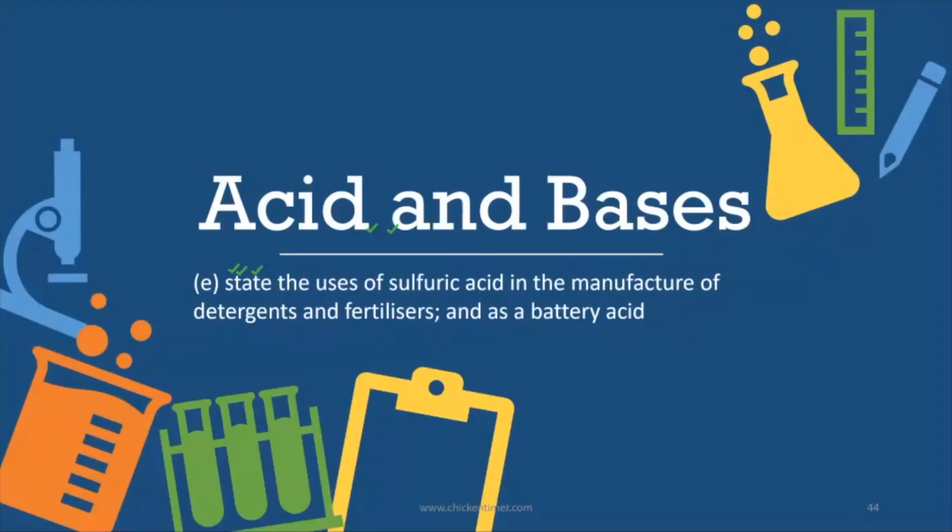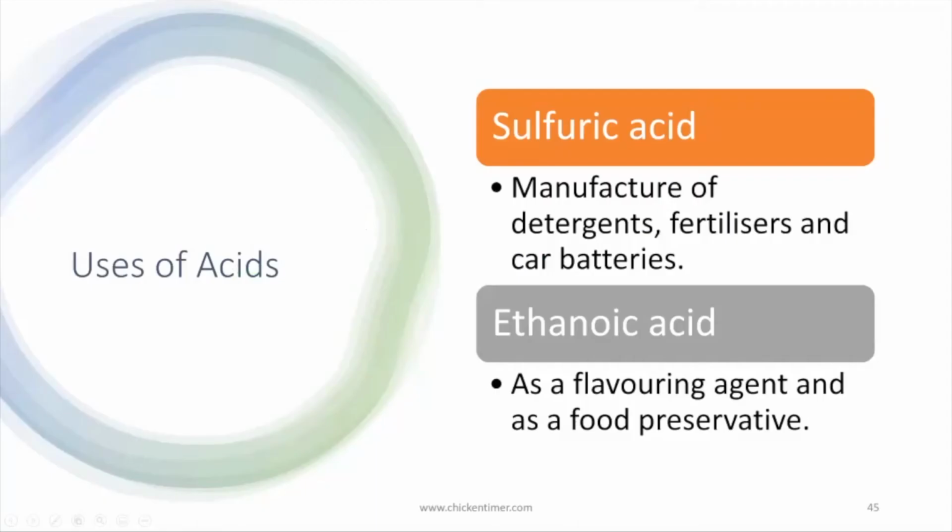So I have uses of acid here. Some of the uses are here. So we look at the uses of sulfuric acid, hydrochloric acid, nitric acid. Sulfuric acid is used for detergent, fertilizers, and car battery. Then ethanoic acid is used as a food preservative, flavoring agent.